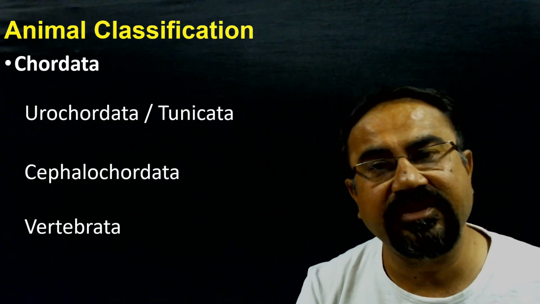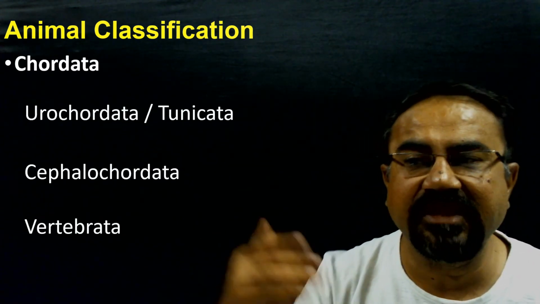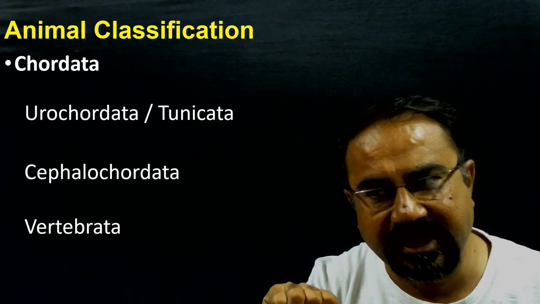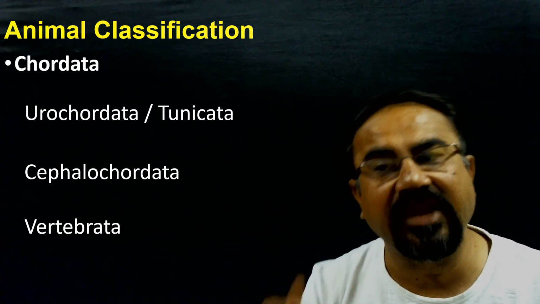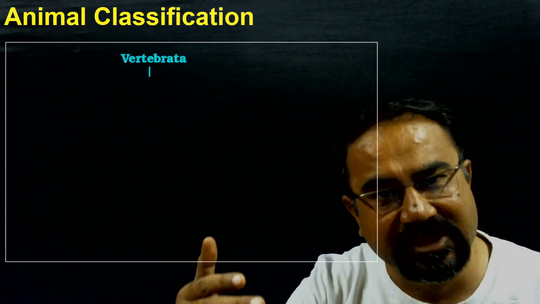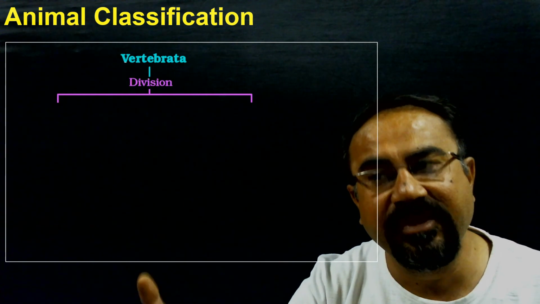Now Chordata has a vast range, and Chordata is further divided into Urochordata, another word is Tunicata, Cephalochordata, and Vertebrata. This Vertebrata, the higher animals, is further classified into divisions.